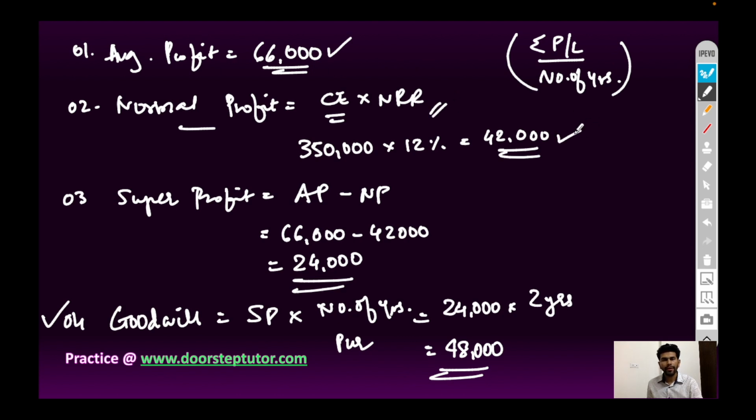So we will get normal profit. The difference between average profit and normal profit is super profit, and the amount of goodwill will be equal to super profit multiplied by number of years purchased. In the question 2 years purchased is given, so 24,000 multiplied by 2 years, 48,000 rupees is the amount of goodwill.